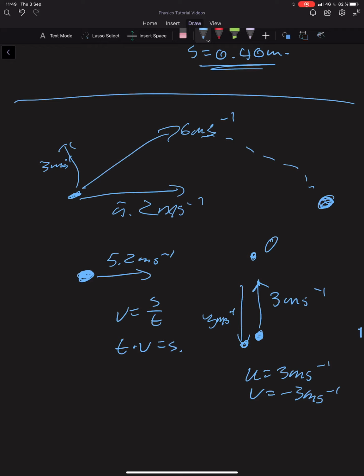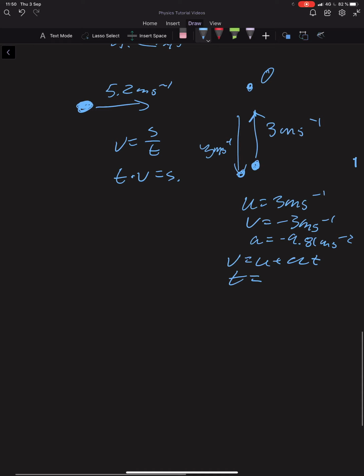And then we might apply the formula, and a is again negative 9.81 meters per second squared. And we can apply the formula v equals u plus at, so t equals v minus u over a, which is negative 3 minus 3, so negative 6, divided by negative 9.81, t equals 0.6 seconds.